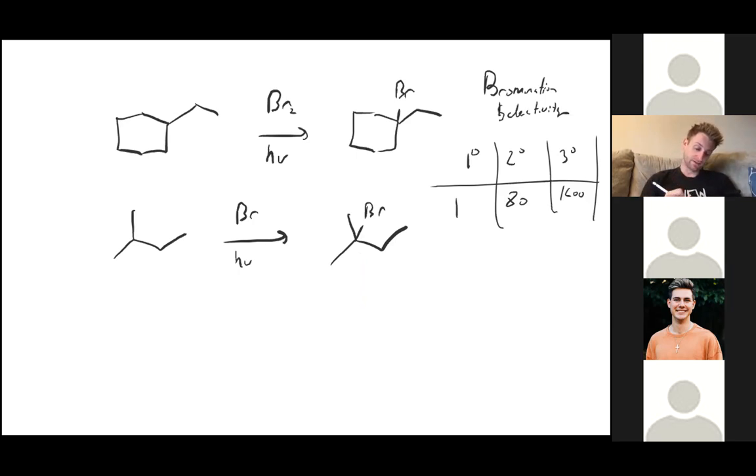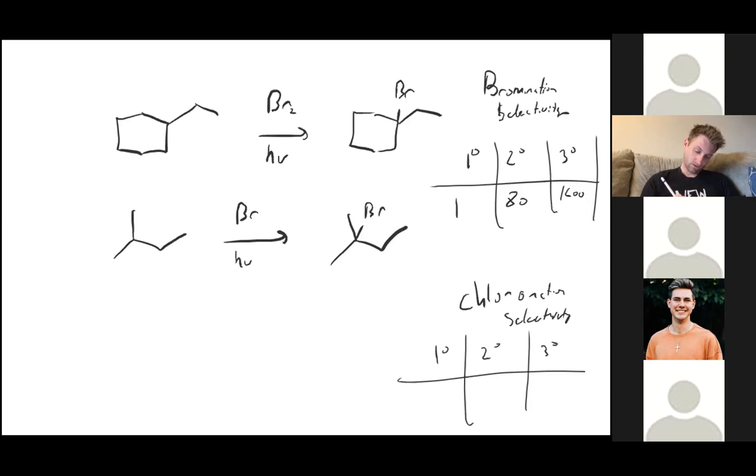Our chlorination selectivity is going to roughly be 1 to 4 to 5. And let's talk through exactly what that means.